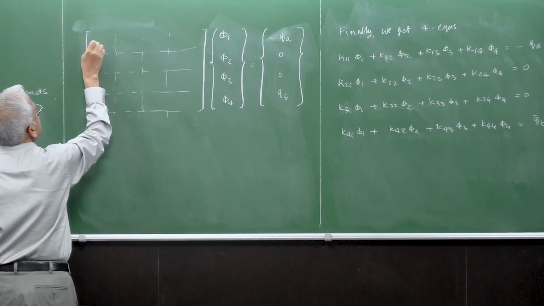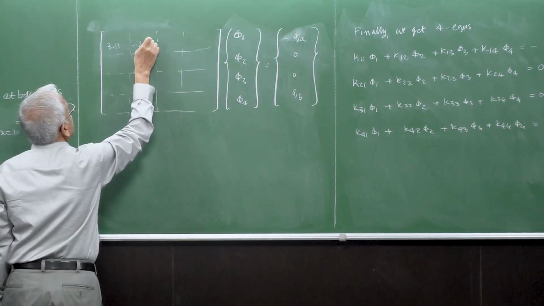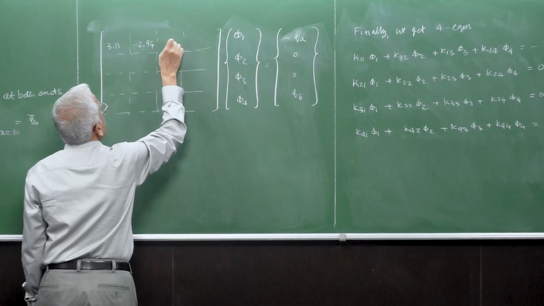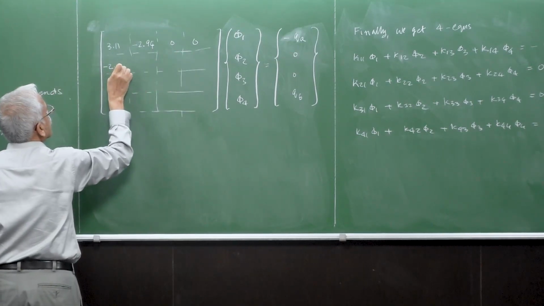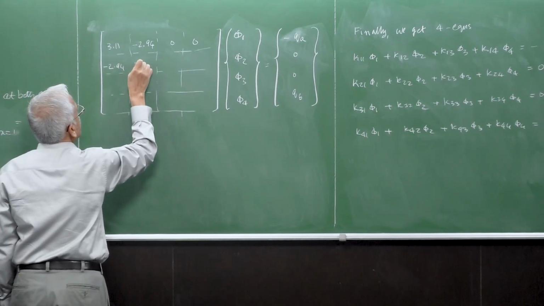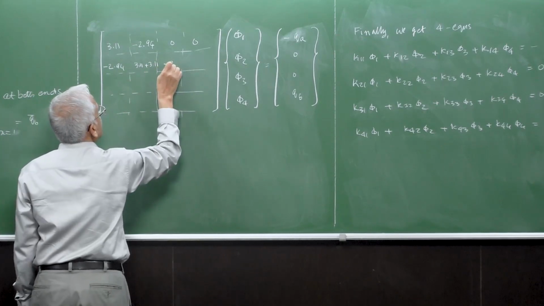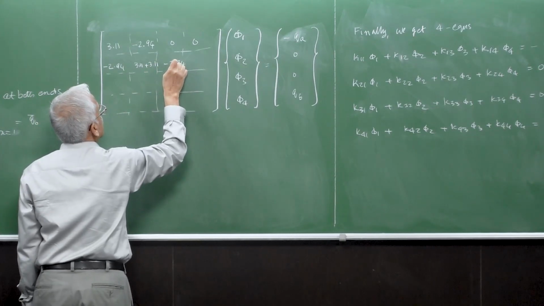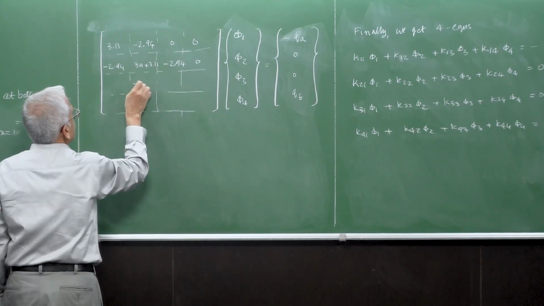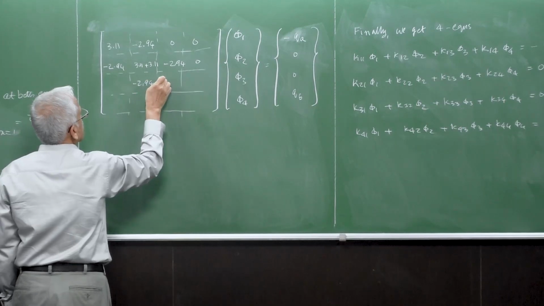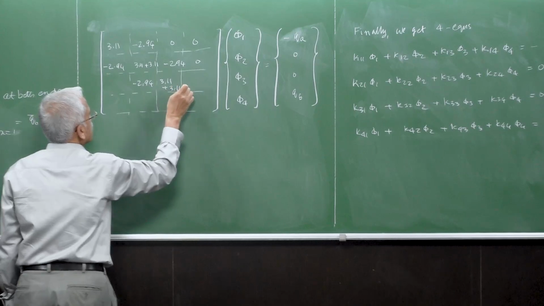This starts with 3.11, minus 2.94, 0, 0; minus 2.94, 3.11 plus 3.11, minus 2.94, 0; and minus 2.94 here, 3.11 plus 3.11.